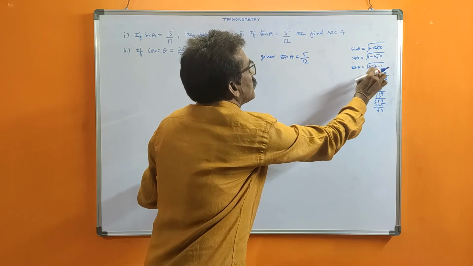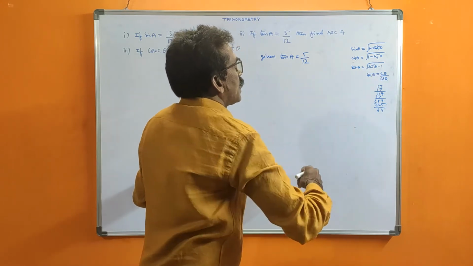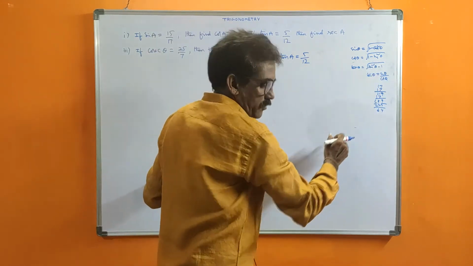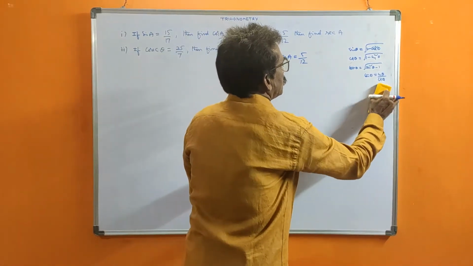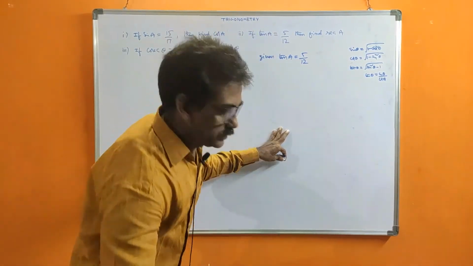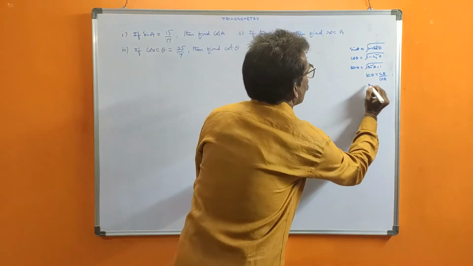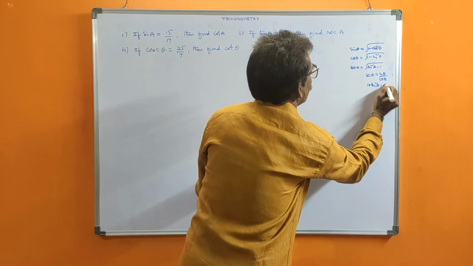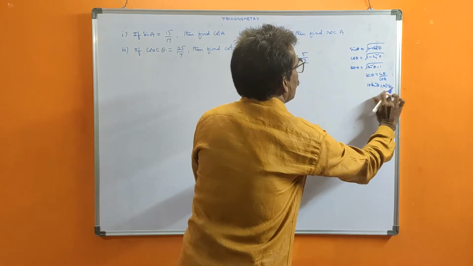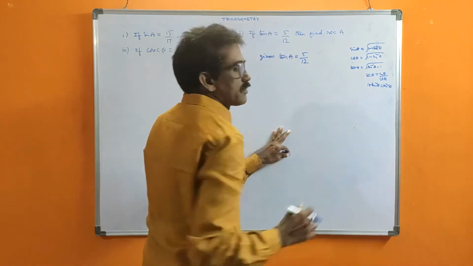See, for secant theta we use this formula: 1 plus tan square theta is equal to secant square theta. So direct formula, secant square theta is equal to 1 plus tan square theta.